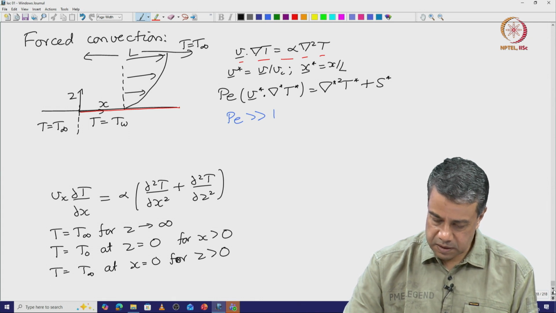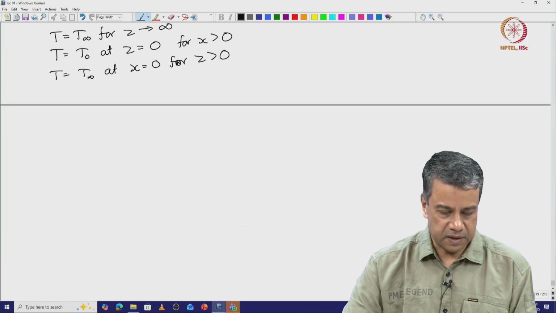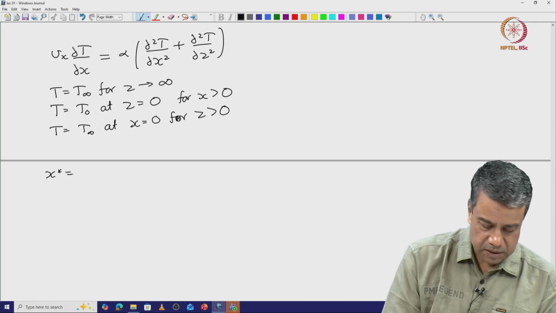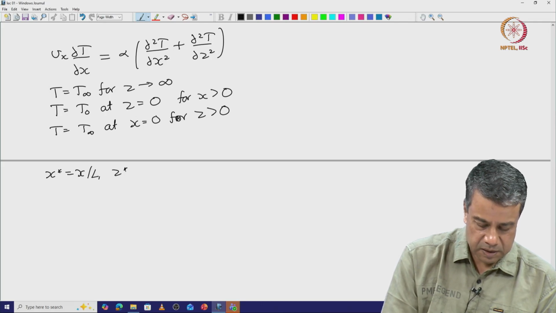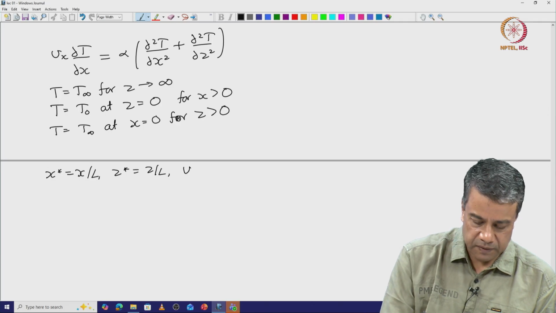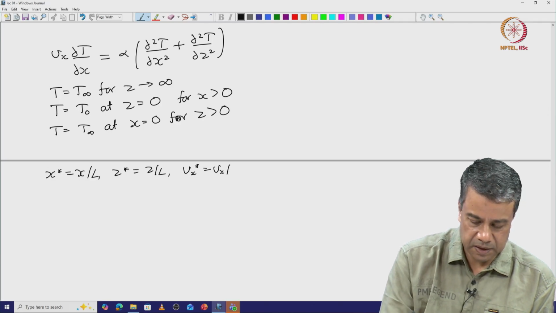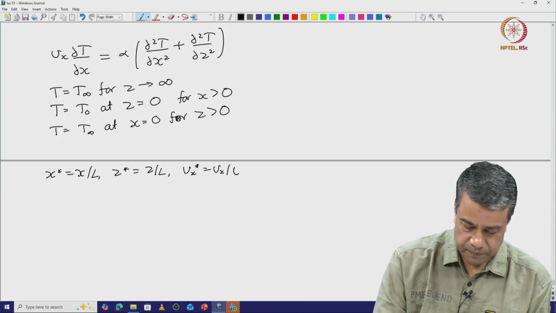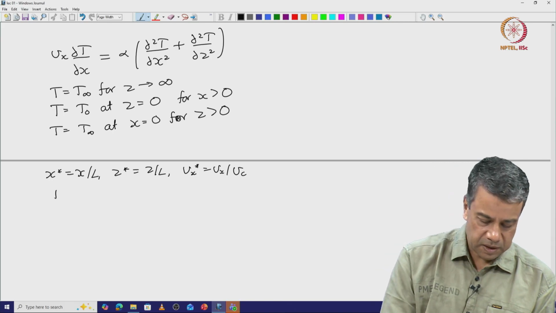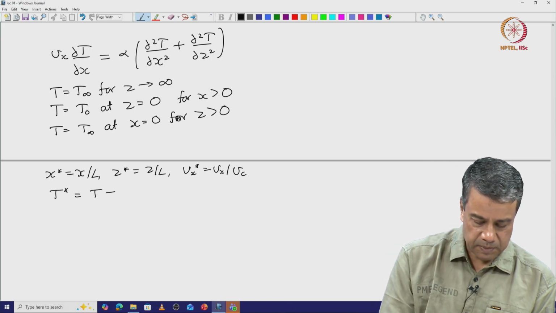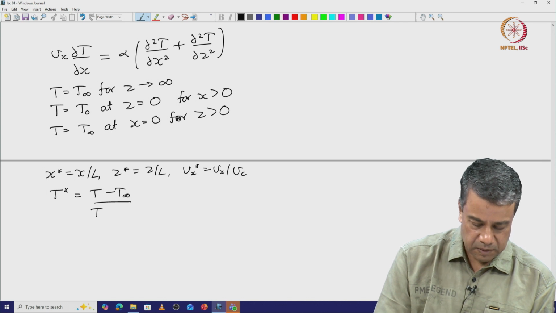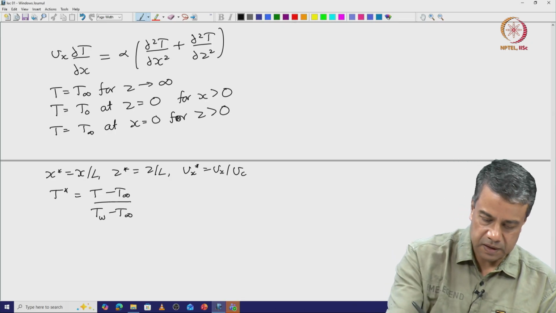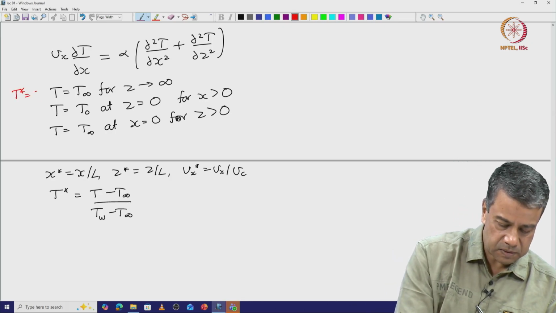Now, how do we scale these? The simplistic naive way of scaling would be to say that x star is equal to x by L, z star is equal to z by L, Vx star is equal to Vx by a characteristic velocity, and T star is equal to T minus T infinity by T wall minus T infinity, in which case T equal to T infinity corresponds to T star equal to 0.